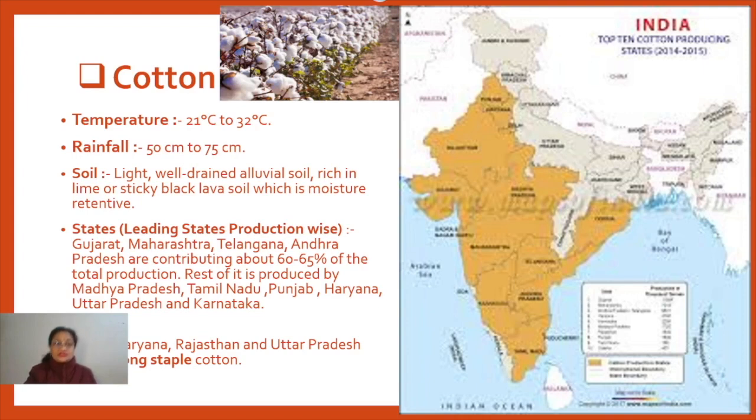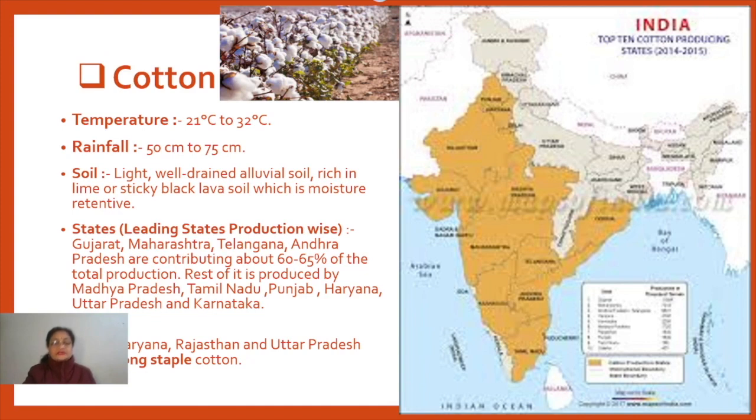Now regarding cotton, if we talk about the climatic conditions required for it, that is the temperature, rainfall or any other such weather conditions, one thing should be very clear to you all.